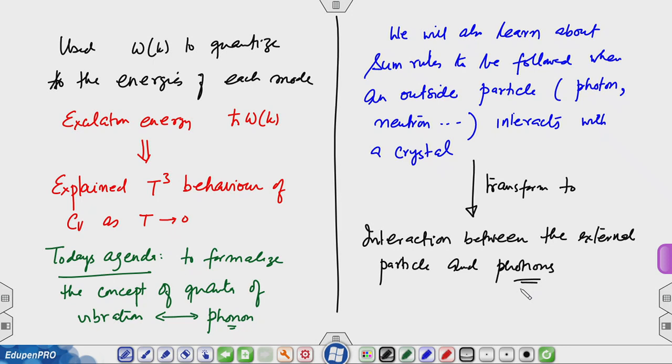So, that is the idea of formalizing the concept of phonon. We will develop some mathematics for it, and then I can transform all the interactions that neutrons or photons have with the lattice into the language of these phonons.